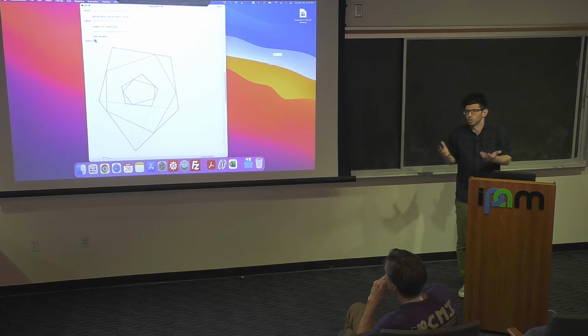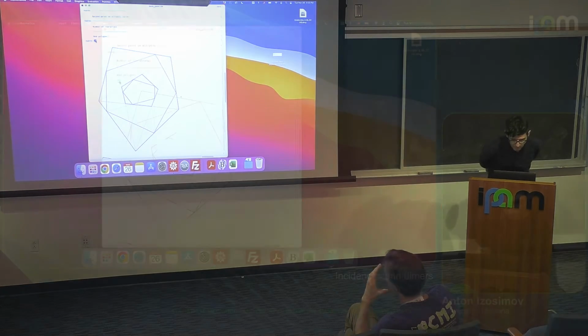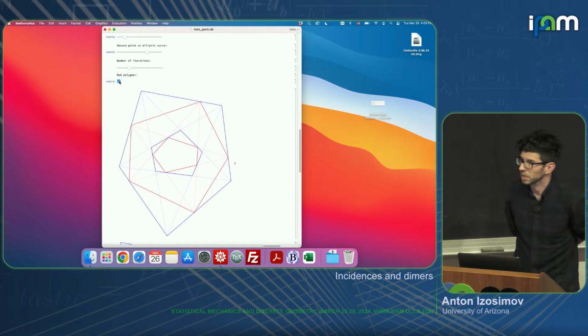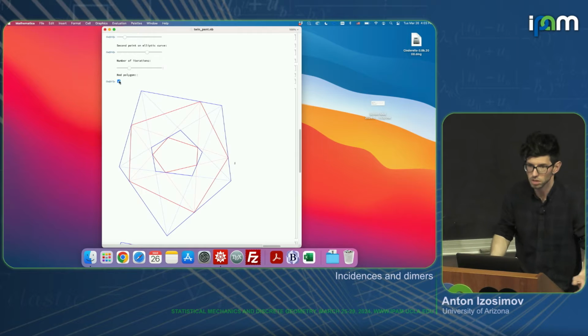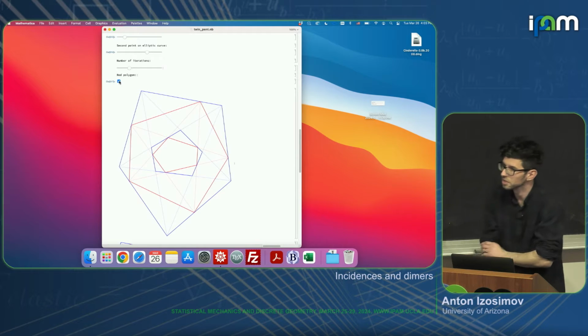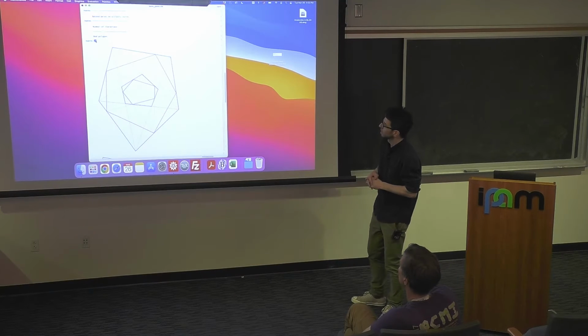In general, there's no way that's going to happen. And this is actually a particular case of what Sergey was describing. So we do see an incidence here. Some lines, triples of lines meet at certain points.